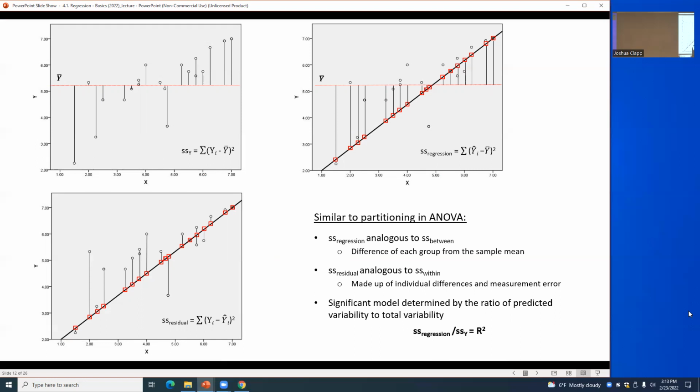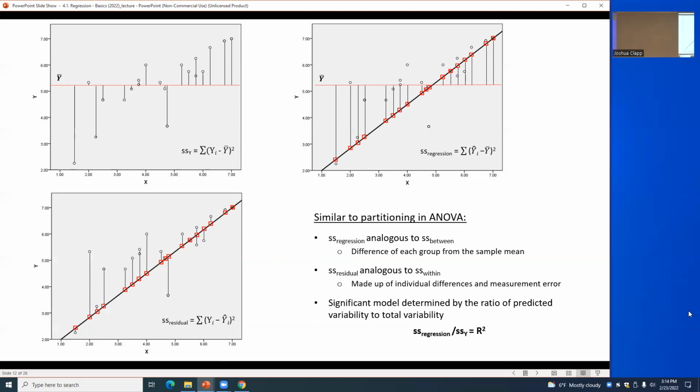Here, I've got a big negative residual. Here's what my model says I should be at, here's where I am, so I've got a big residual. Same thing, big positive residual here: here's my observed value, there's my predicted value, and I'm way off. But if I were to sum the squares of all those, it would be the minimum value possible based on the data that we've collected.